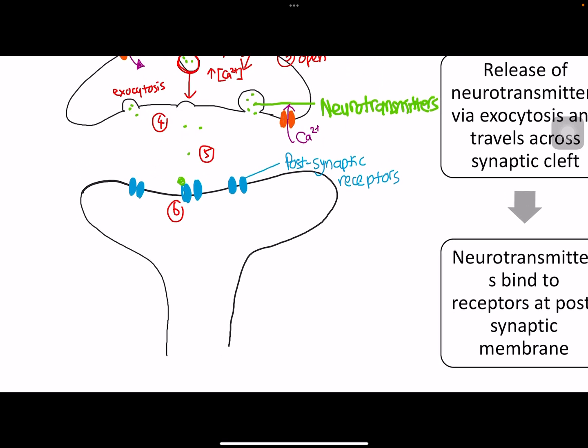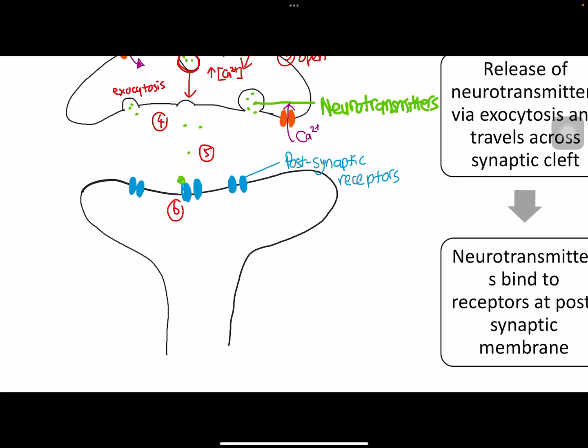Now, depending on the type of the receptor and also the type of neurotransmitter, there will be potential changes in the postsynaptic membrane. If it depolarizes, meaning that it becomes less negative, then it may fire an action potential. If it hyperpolarizes, then there will be no action potential.